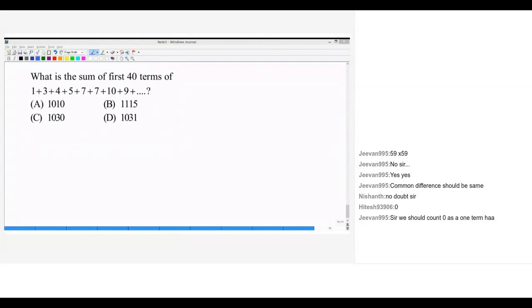Yeah, in the previous case, you need to count 0 also as one term because it starts with the whole number. But anyway, you can ignore 0, but you need to count it as one term.